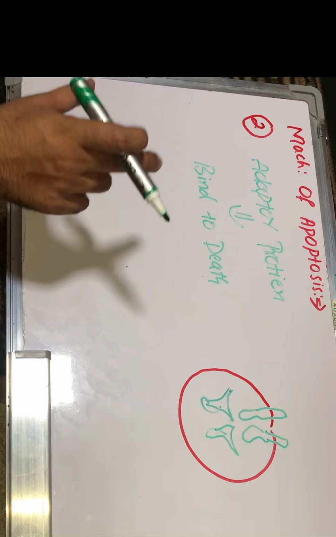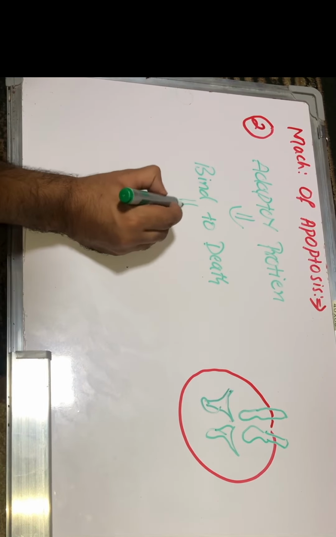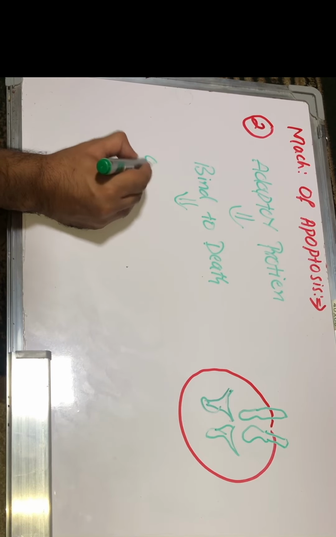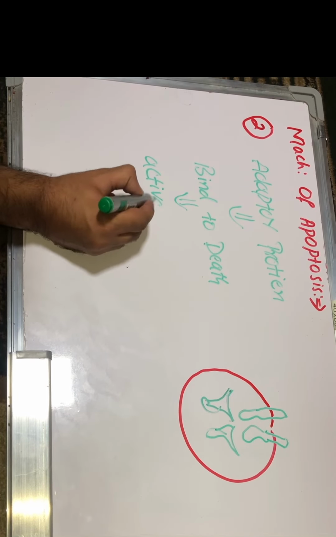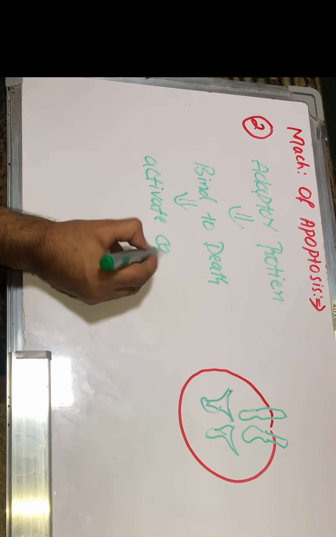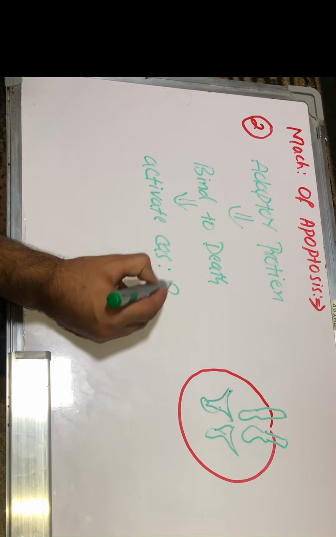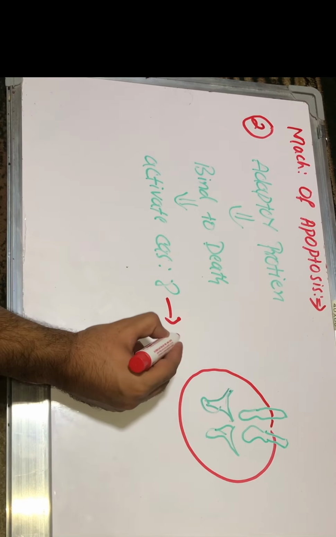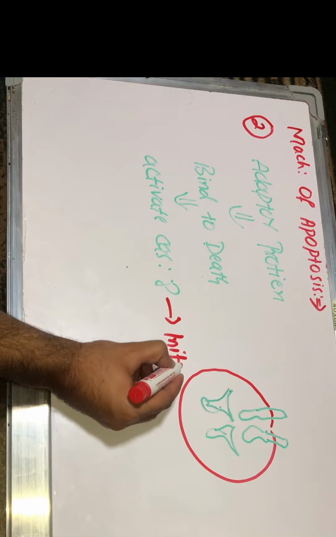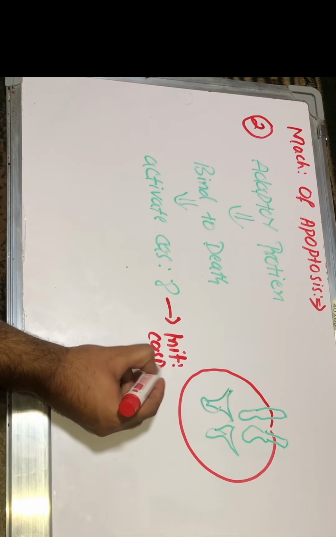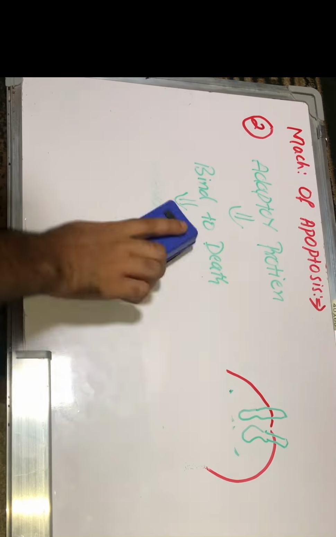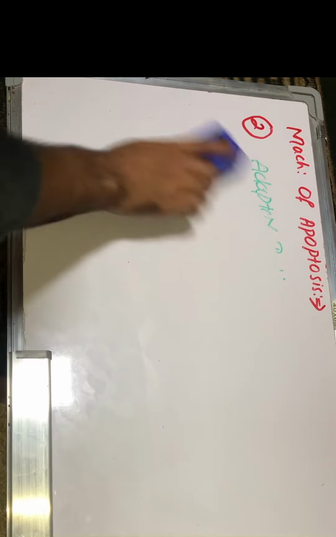When adapter proteins bind these death domains, they activate caspase number 8, and we know that caspase number 8 is an initiator caspase. So the initiator phase is done. What will be the next phase? The next phase will be the executioner phase.